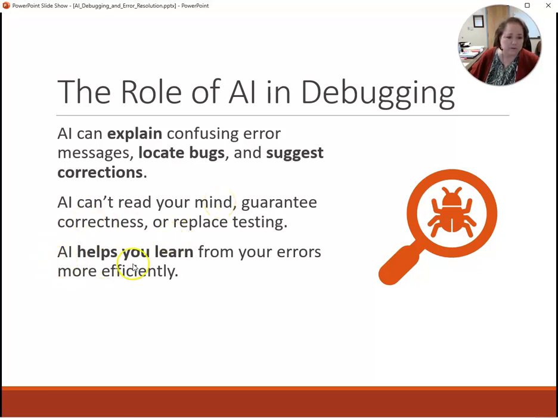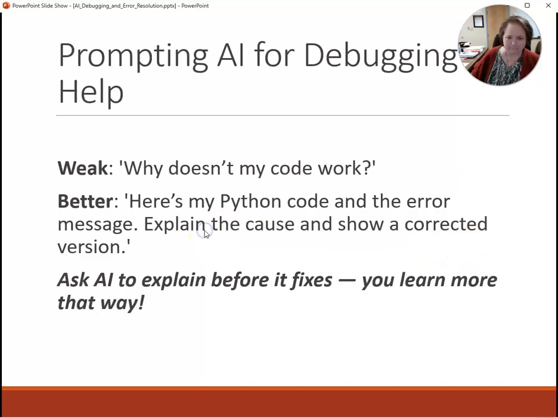Also, AI helps you learn from your errors more efficiently. So you can get AI to explain things, why this happened, how to avoid it in the future. And that is another thing that AI is really good at doing, and it's a good role to assign to AI in your debugging process.